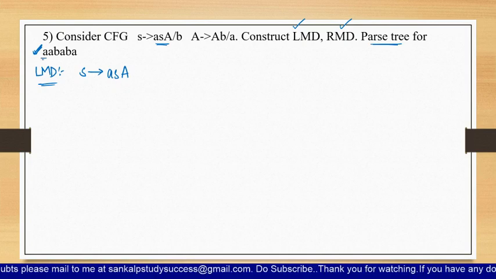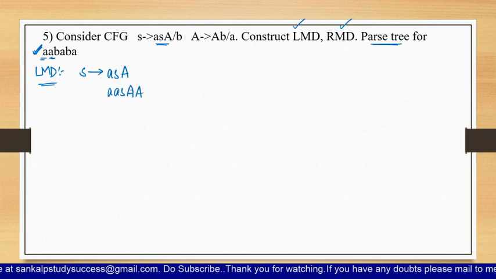Because it is the leftmost non-terminal. As we are having A here and it is starting with A, this S can be substituted with again ASA, and we are having A here. Now, we are having three non-terminals, correct? And the leftmost non-terminal is S. So, in the place of the third non-terminal, we are having small b here.